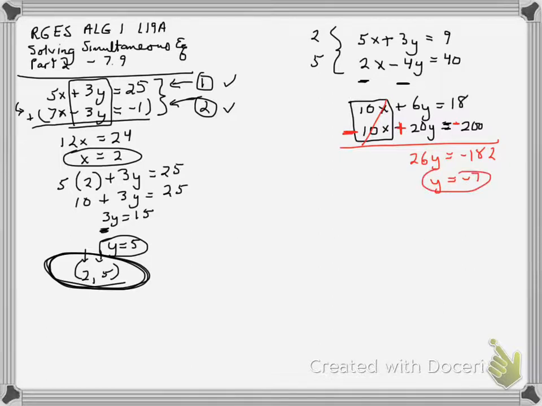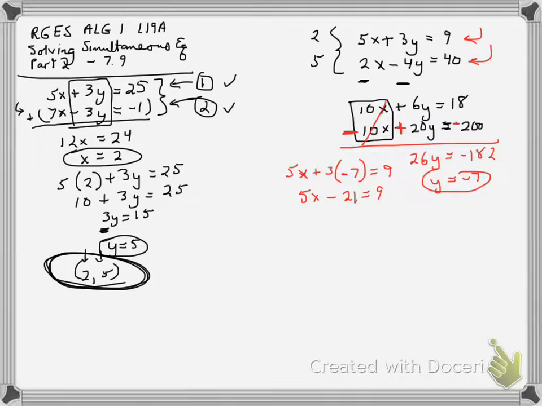Now, you go back to either one of the original equations, plug in, and get x. I think I'll go ahead and take the first one, 5x plus 3 times negative 7 equals 9. Notice how methodical I'm being, write down your steps. 3 times negative 7 is negative 21.